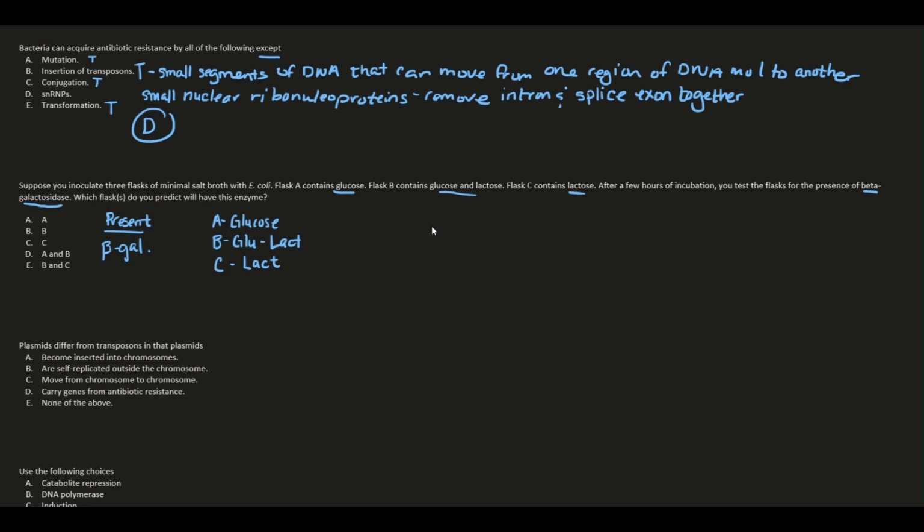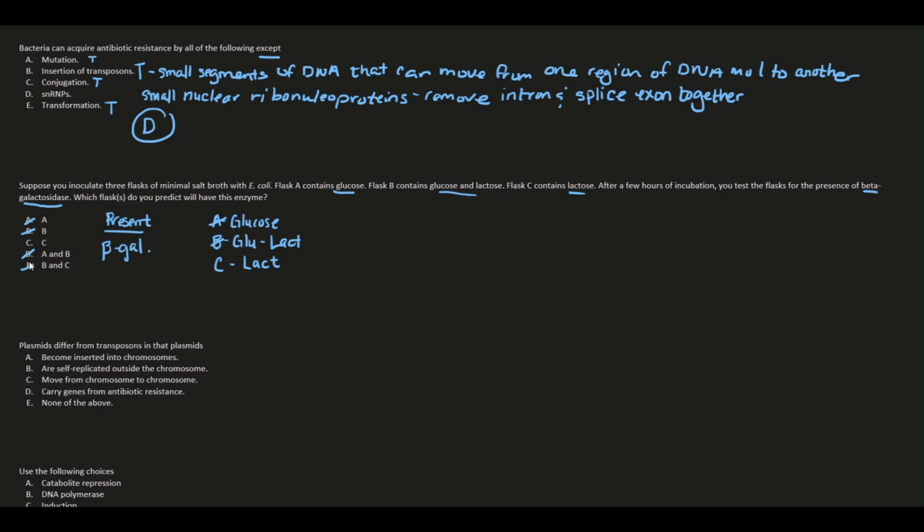Another helpful piece of information is when there's a high amount of glucose, then there's a low amount of cAMP, which reduces the lac operon activation, thus giving a low production of beta-galactosidase. So when glucose is present, you get a low amount of beta-galactosidase. So it cannot be A and it cannot be B. So we're going to cancel those.